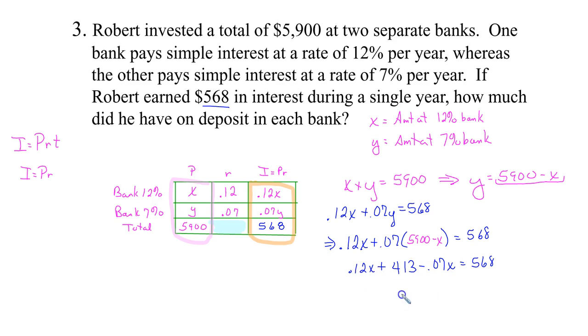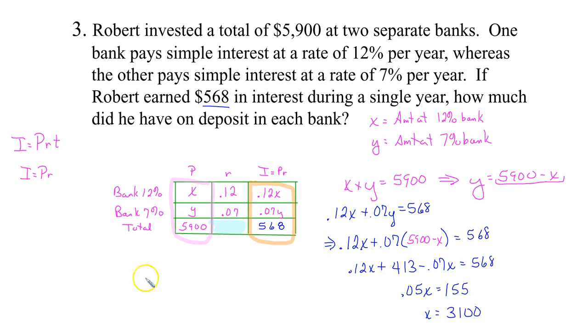Cleaning this up, we get 0.05x. I'm going to subtract our 413 from both sides. That's going to give me 155. And then if I divide that by 0.05, I'm going to get x is equal to 3,100.